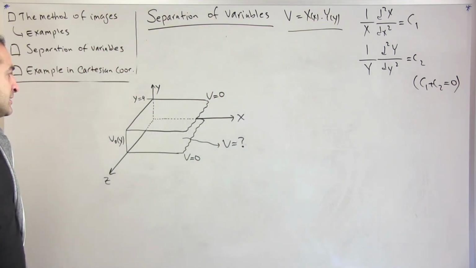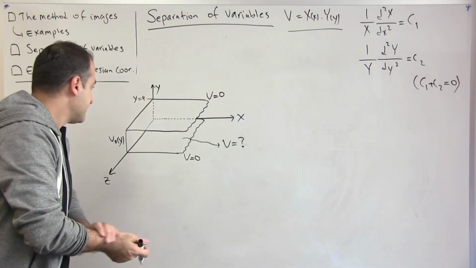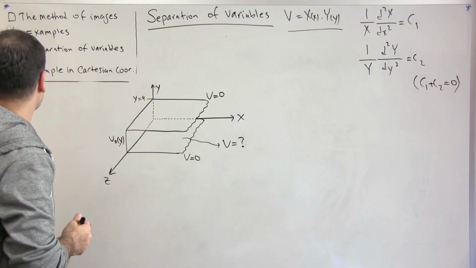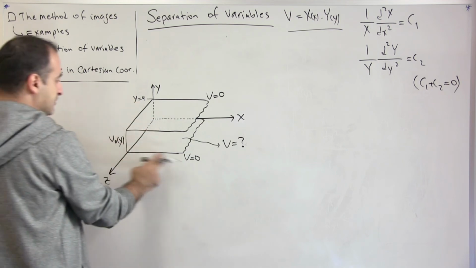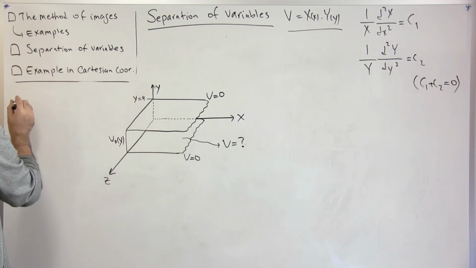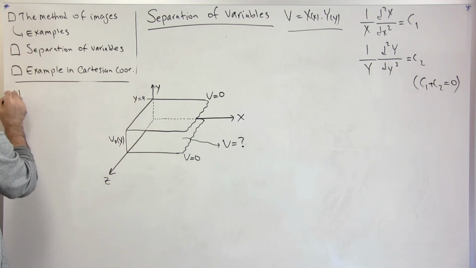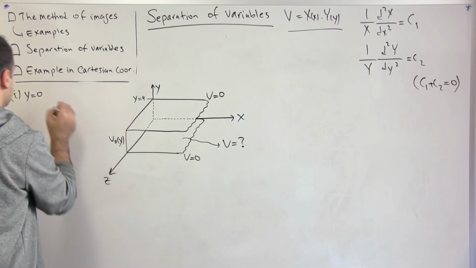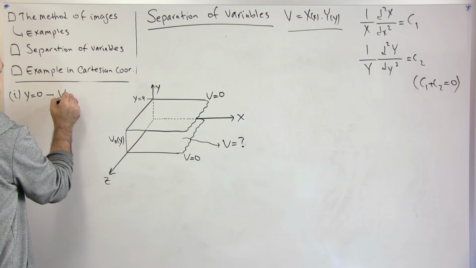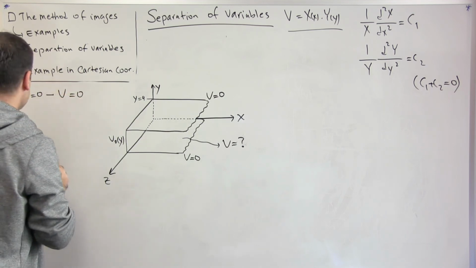It's important to first clarify what boundary conditions we have. At y equals 0, we have V equals 0. So that's boundary condition number 1. At y equals 0 everywhere, the electric potential is 0.